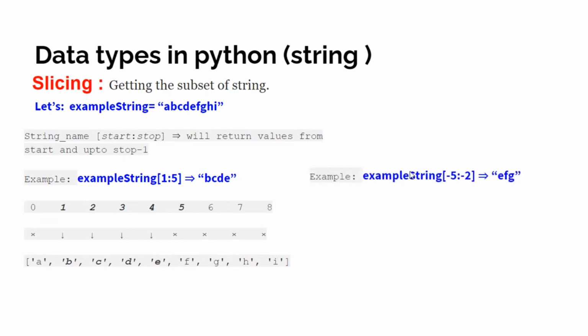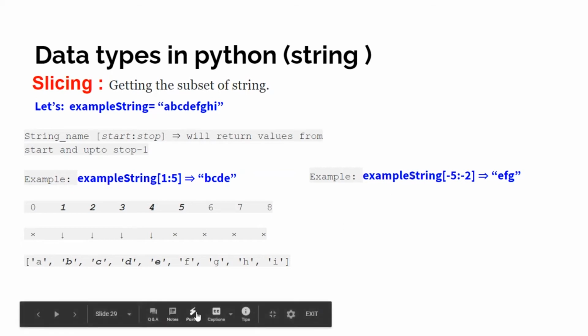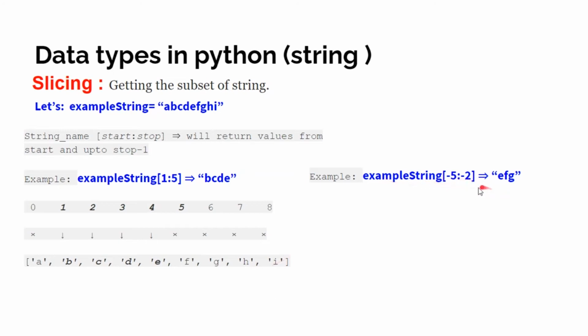Now we will see right to left indexing. Suppose we write example string -5 to -2. You can see that this is at -1, -2, -3, -4, -5. So we will get the values from -5 to -2 minus 1.